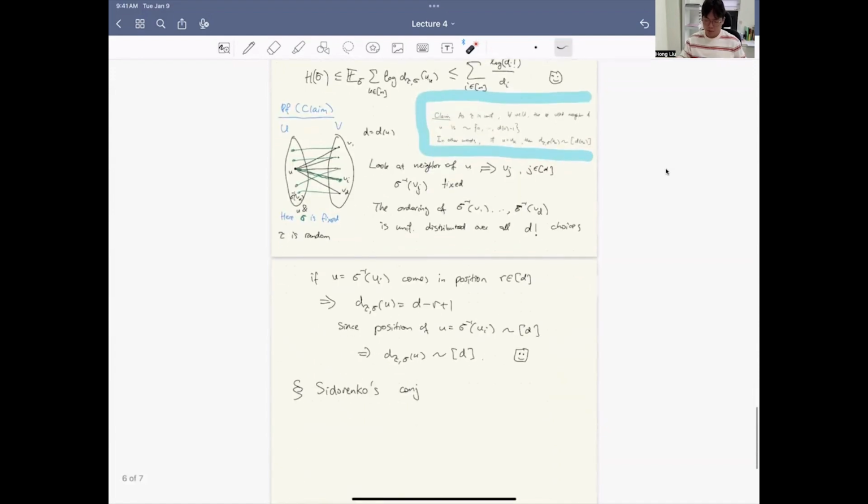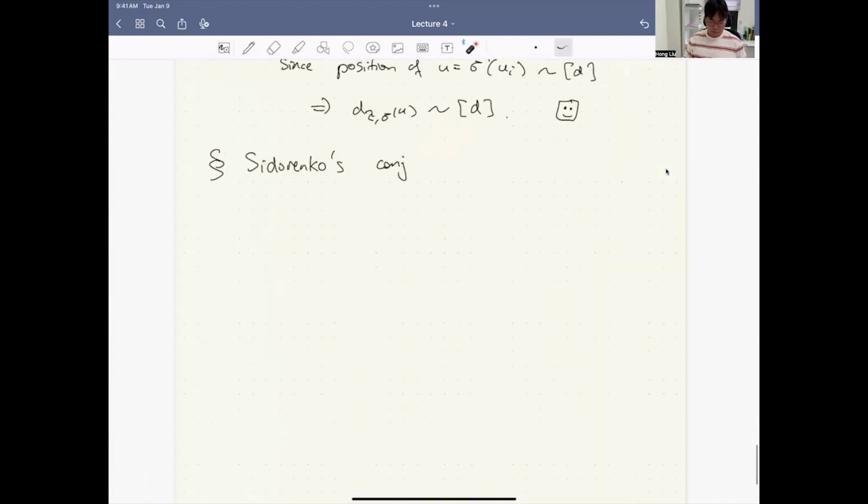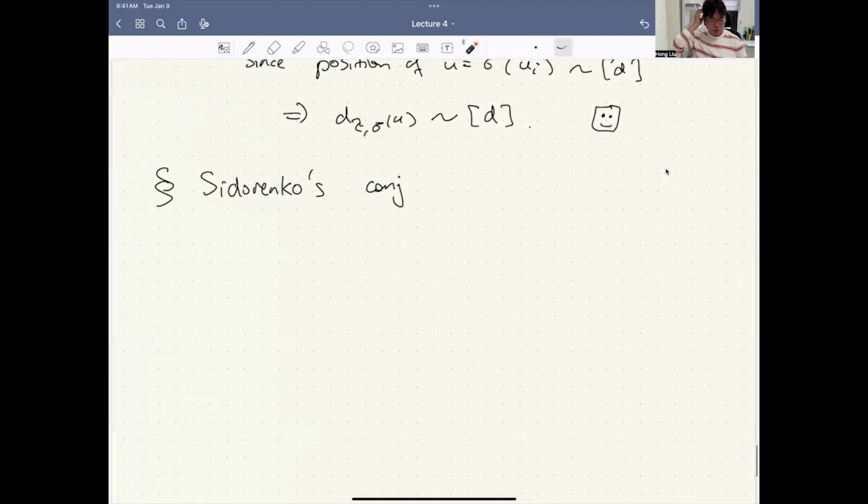All right. Sidorenko's conjecture. So let's recall what a graph homomorphism is.